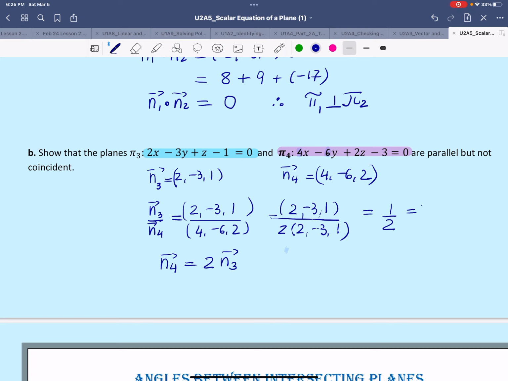You can put it this way: bring the vectors closer, and you can look at it by just cross multiplying. So 1 times n4 equals 2 n3. Therefore, the normals are scalar multiples of each other, which makes plane pi 3 parallel to plane pi 4.